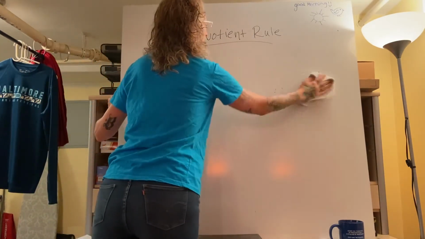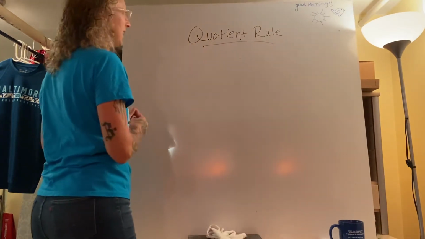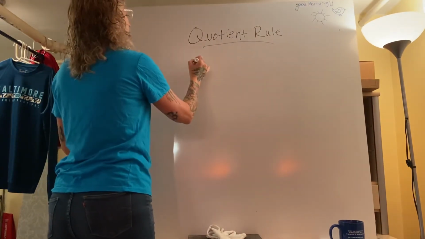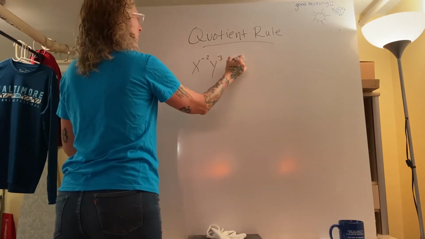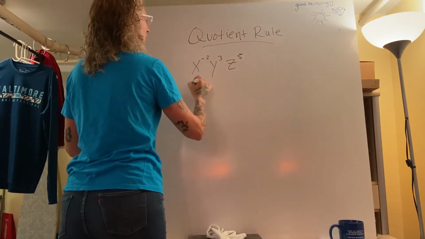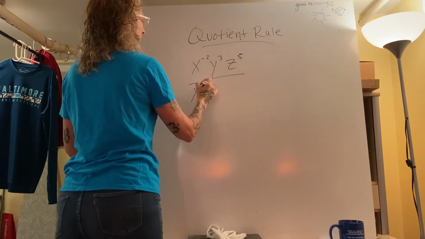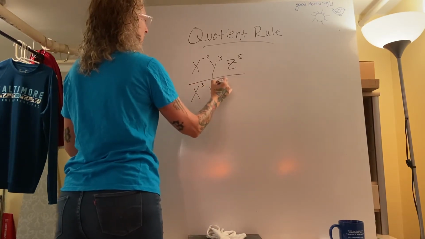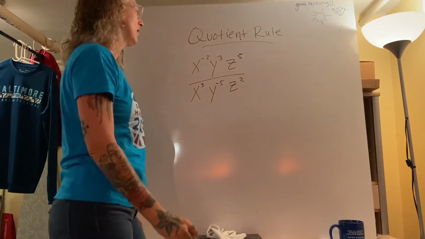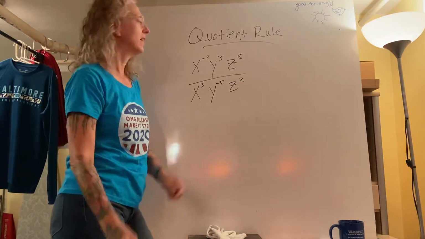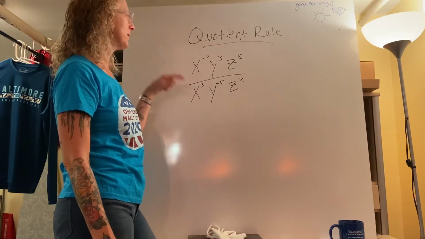Now, the fun part, if you throw in a bunch of negatives: x to the negative 2, y to the third, z to the fifth, over x to the third, y to the negative 5, z to the 2. Okay. What? Okay, negative exponent, you flip it.